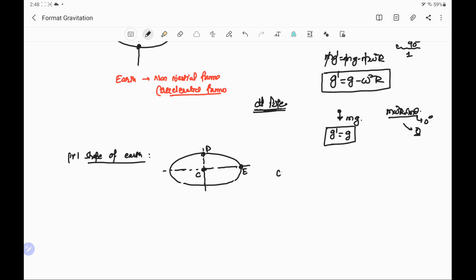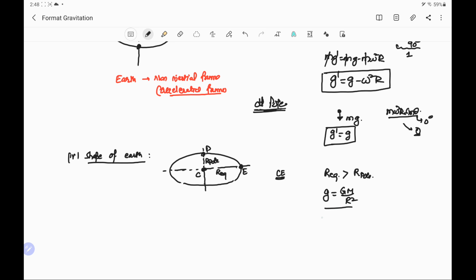So we can say this is R equator and this is R pole, and R equator is larger than R pole. The acceleration due to gravity at the surface is GM over R square.